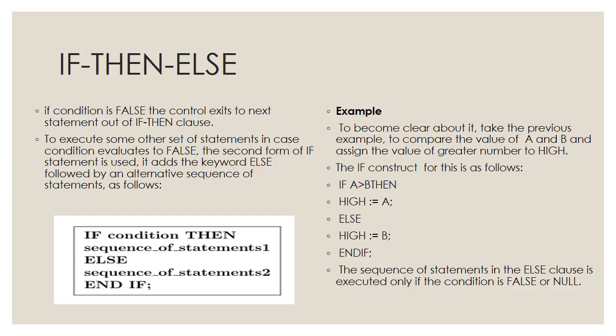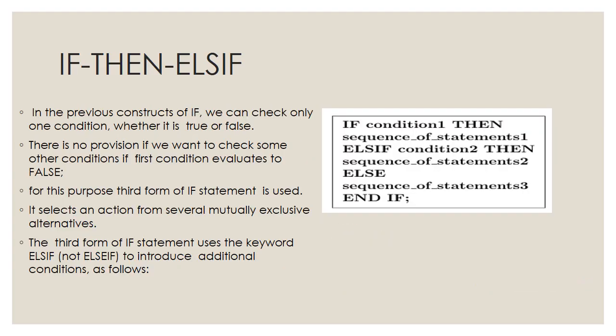For example, in the previous example comparing A and B, the greater number is assigned to I. So the construct is IF A greater than or equal to B THEN I equals A, ELSE I equals B, END IF. The sequence of statements in the ELSE clause is executed only if the condition is false or null.